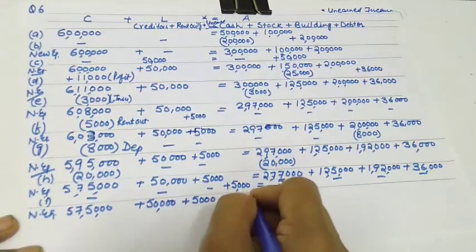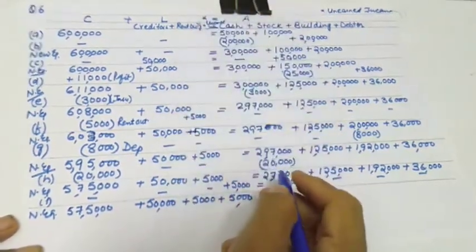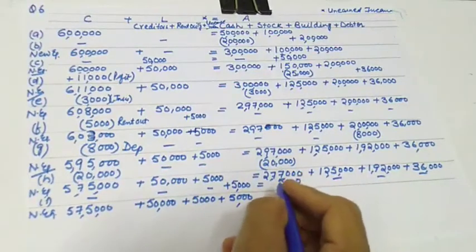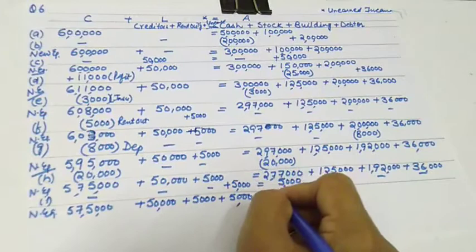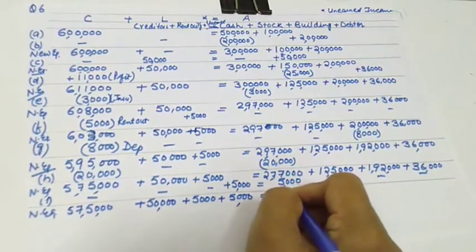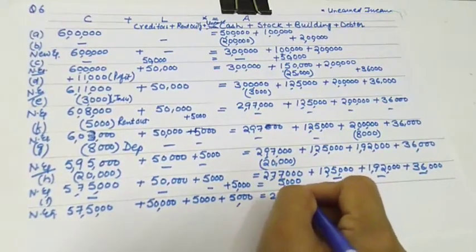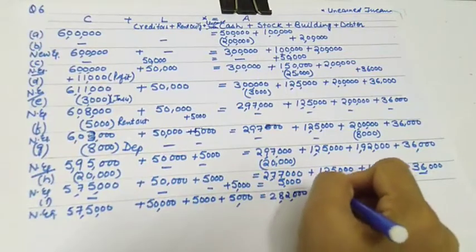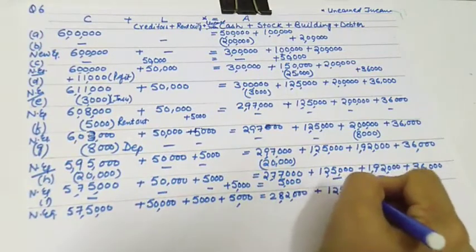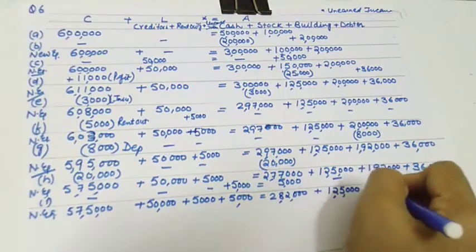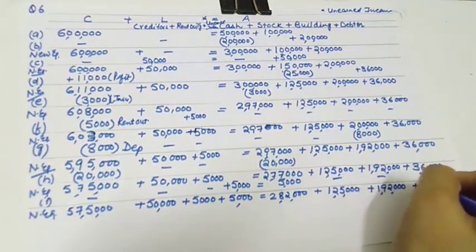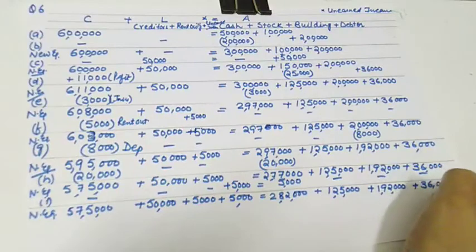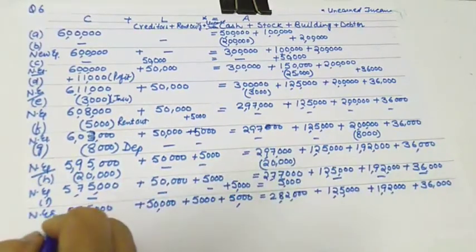This 5,000 belongs to unearned income. And what is the specific name? Unearned rent. And here also it will be added. This will be 2,82,000. No change here. I hope you are getting these treatments. Otherwise you can see it again.